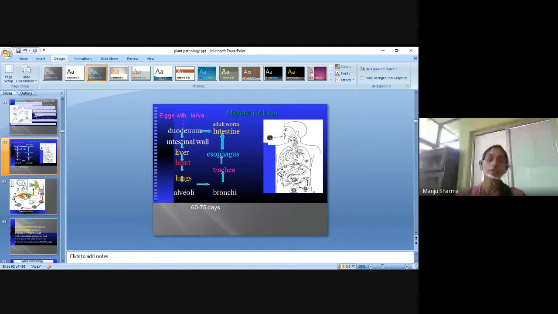Then it goes into the intestinal wall, then liver, then heart, then lungs. After the alveoli, it passes into the bronchi, then trachea to esophagus, and from the esophagus it converts into adult worm.